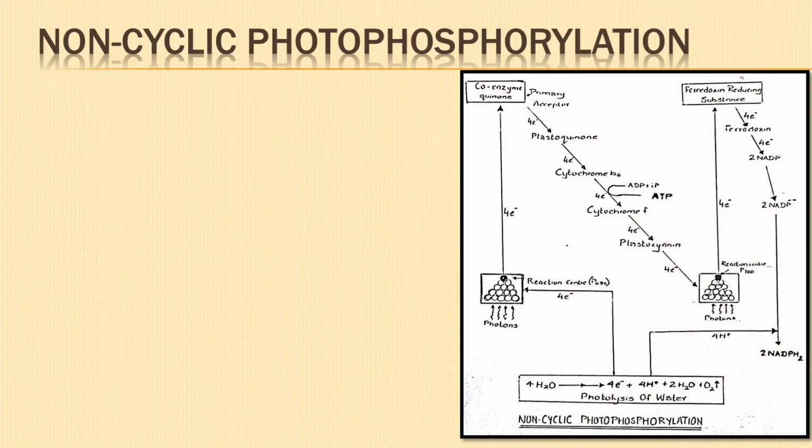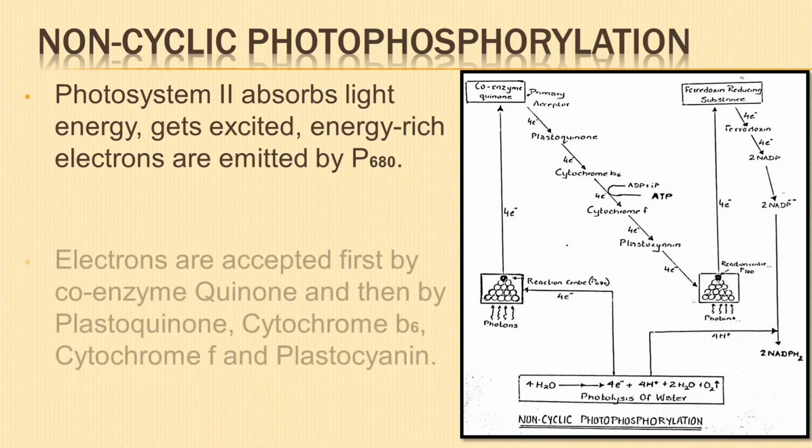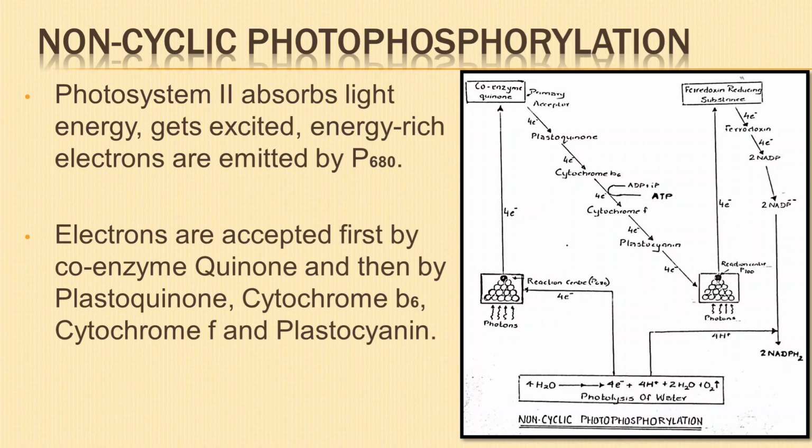Non-cyclic photophosphorylation. Photosystem 2 absorbs light energy which is passed to the reaction center, that is chlorophyll A 680 or P680. The energy-rich electron is emitted from P680 and is accepted by primary acceptor coenzyme quinone.